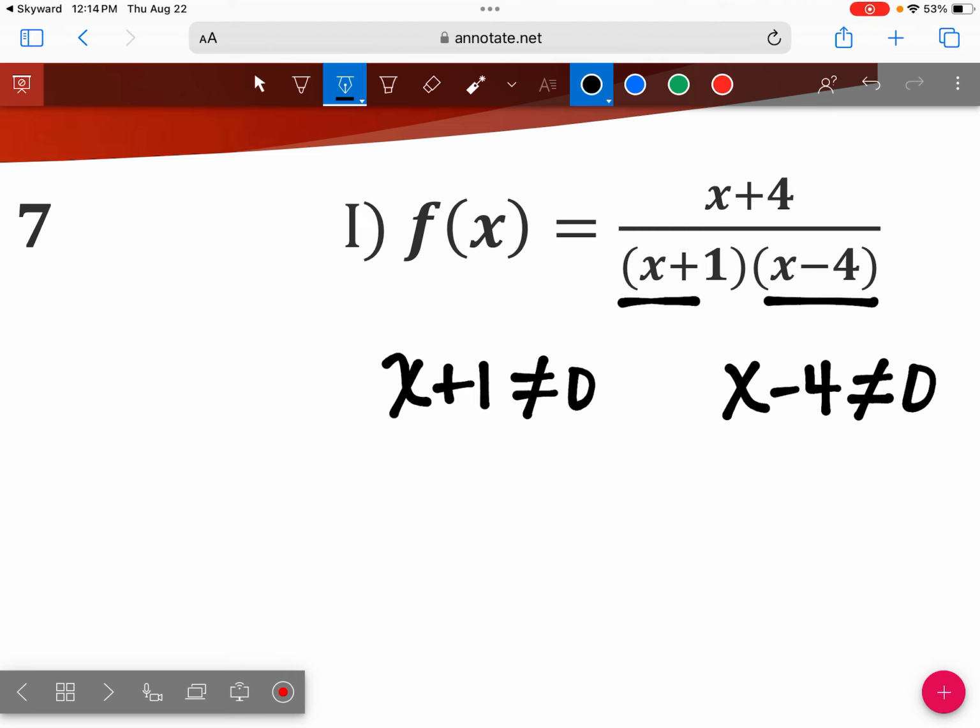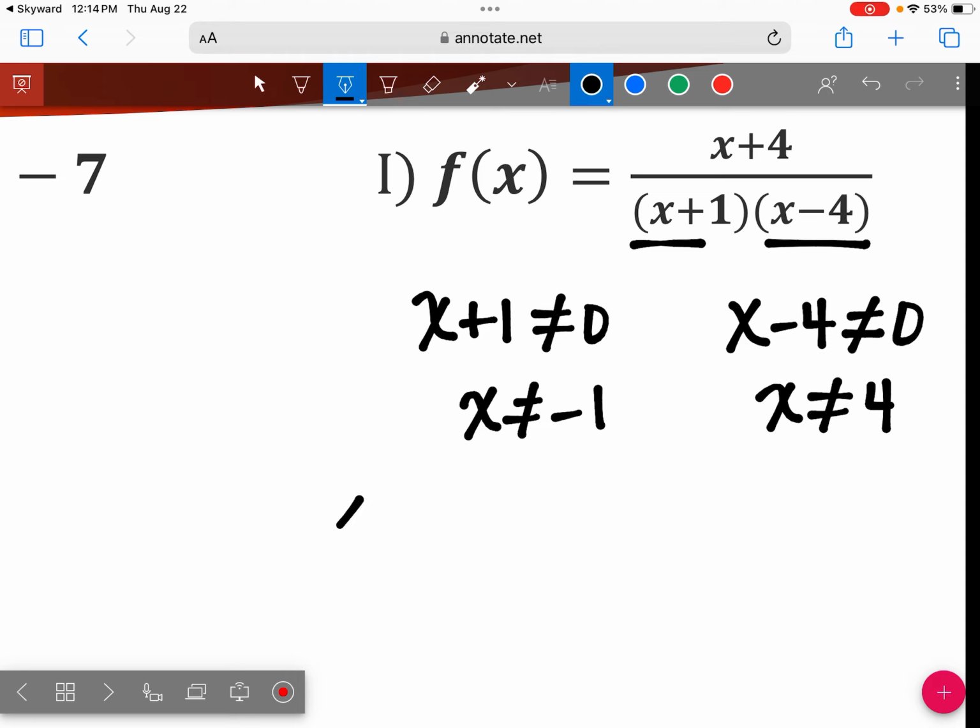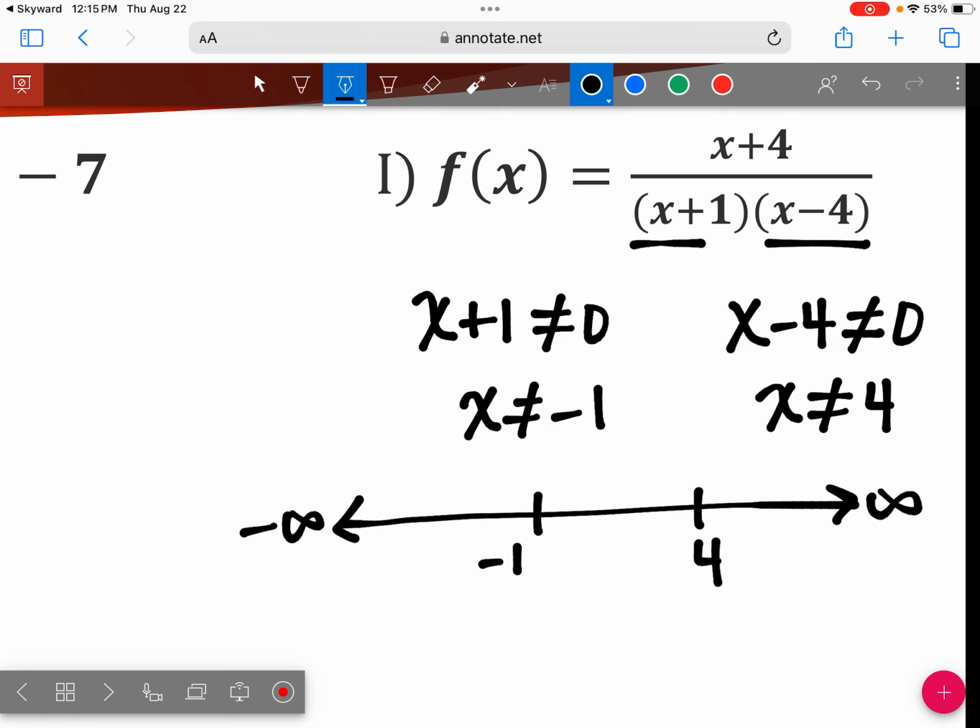For the first one, I'm going to subtract 1, which means x cannot equal -1. For the second one, I'm going to add 4, which means x cannot equal +4. So I'm going to make my number line just because I think it's helpful for these types of equations when there's a variable. So I have -1 here and +4 here. These two numbers have to go.